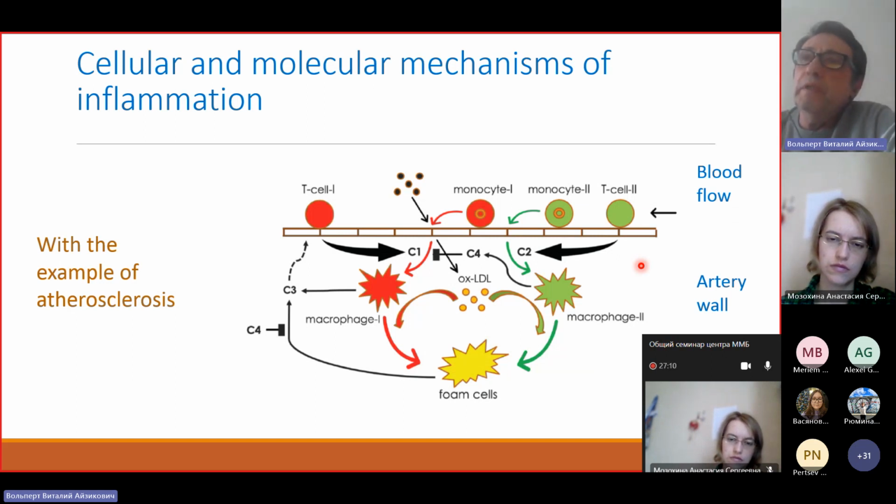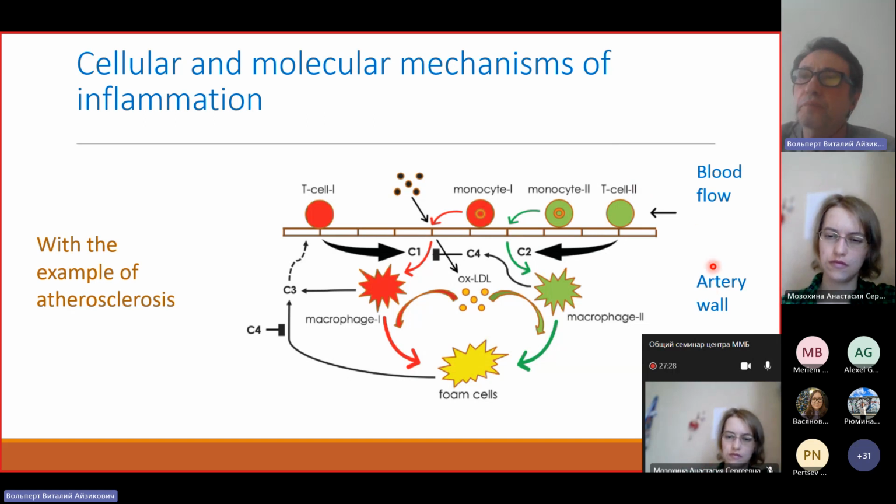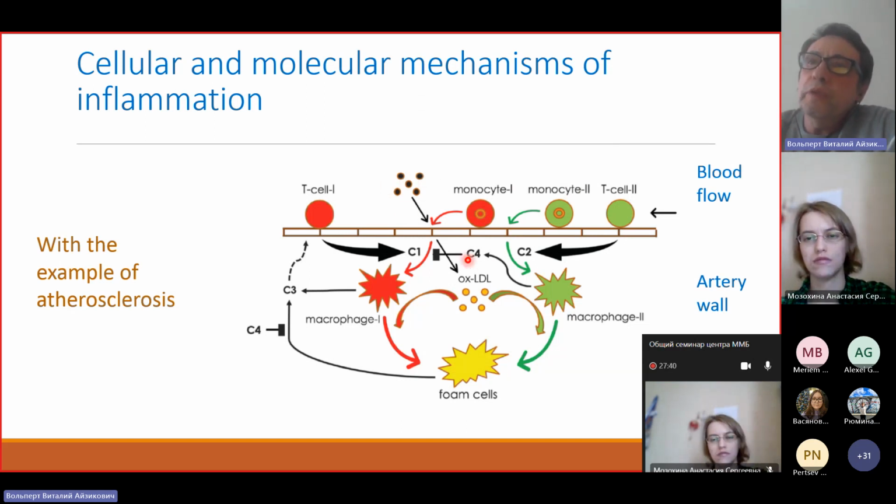So what happens here in atherosclerosis? There are two main locations. We consider the artery in the human body, and in the artery there is blood flow and the artery wall. For some reason, rather often related to LDL, low-density lipoproteins, they penetrate from the blood flow into the vessel wall.